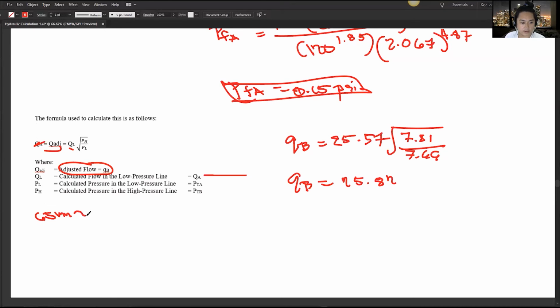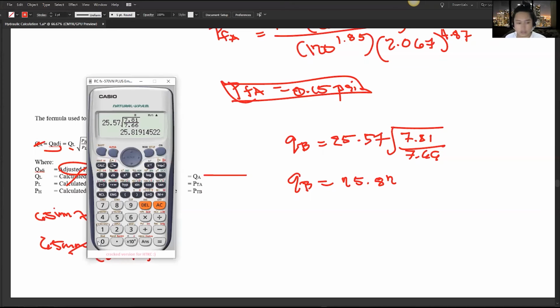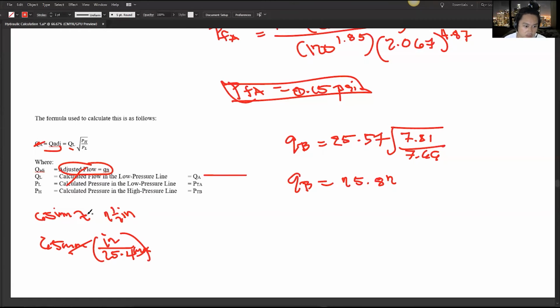I'll show you so you believe me: 65 divided by 25.4 is roughly 2.55, so that's about 2.5 inch. I'll put the 25.82 here in the table.